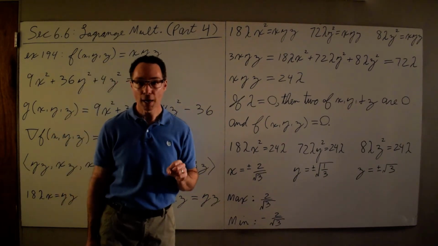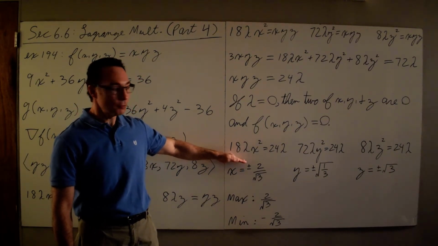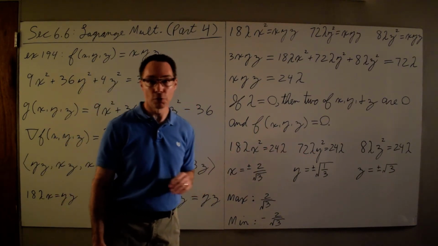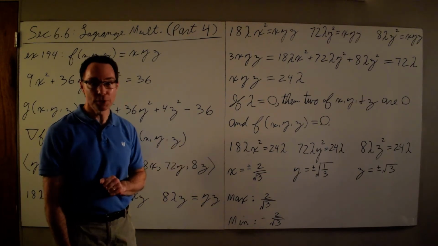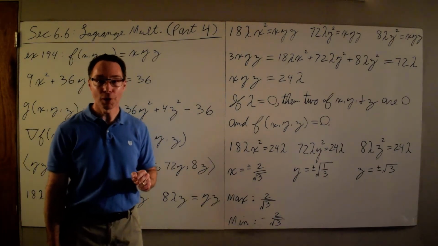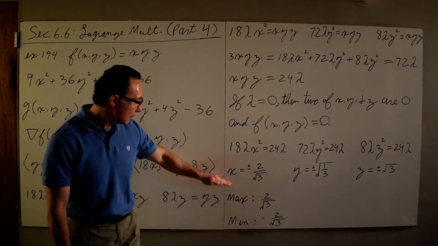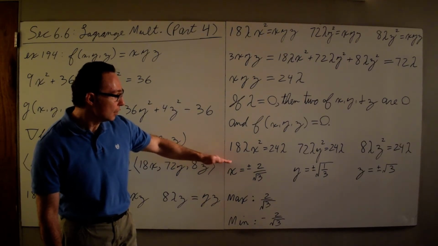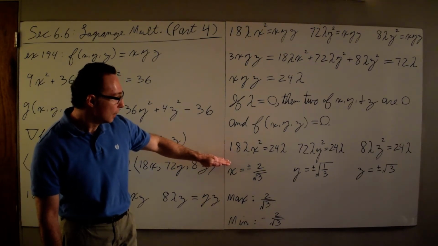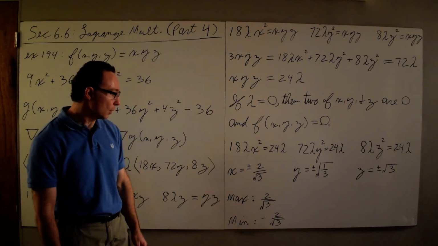So we have 8 points to consider. Why? Because we have 2 possibilities for x, 2 for y, and 2 for z. 2 times 2 times 2 is 8. But of those 8 points, we're only going to get 2 values. Our max is going to be, let's say we multiply 2 divided by square root of 3 times 1 divided by square root of 3 times square root of 3. We have 2 divided by square root of 3.